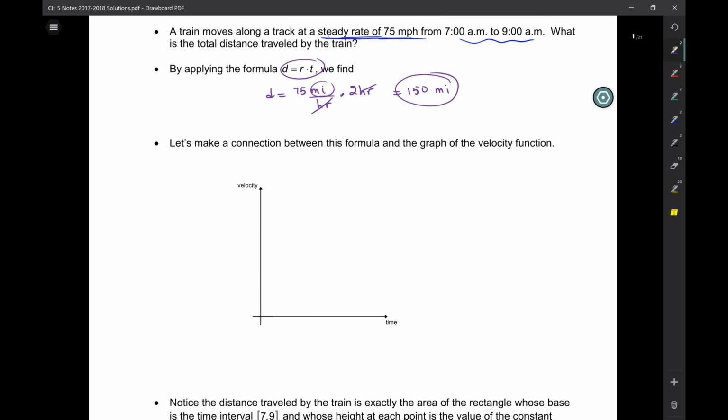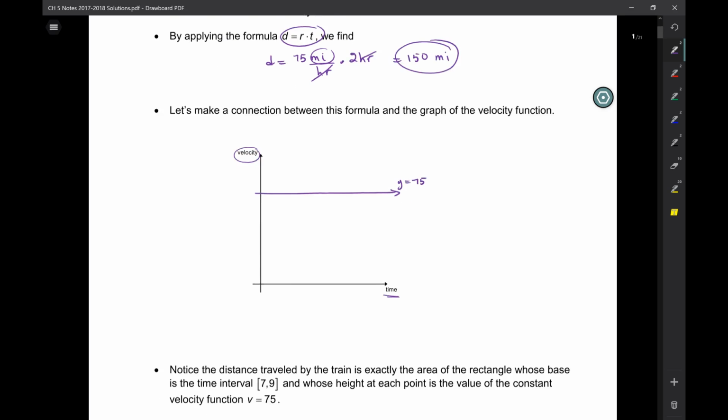Okay. Now, let's take a look at how this relates to a graph. Here you have velocity versus time. The velocity of this train is 75 miles per hour. It's steady, constant, 75 miles per hour. So your y is 75.